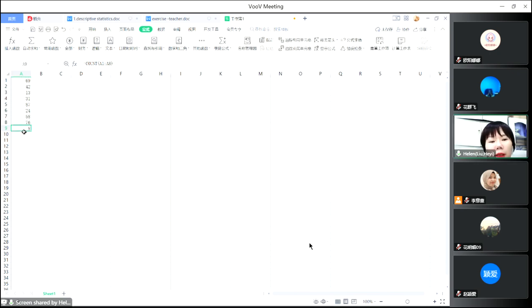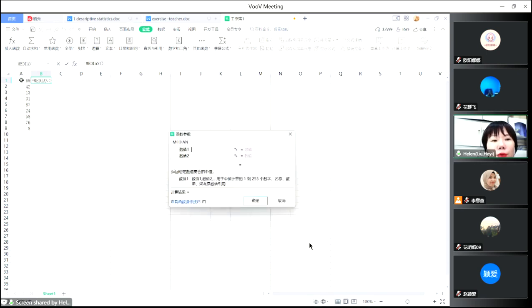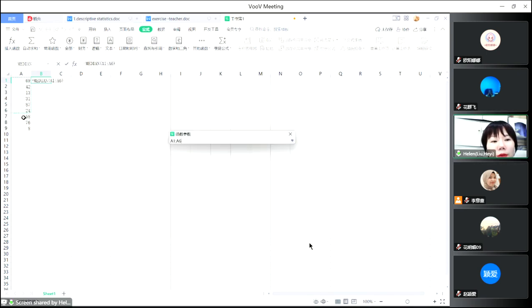So we know here is 8. This is also calculated by a formula, but this was set by Excel. And if we want to calculate the median, we can also use a formula. We use an equal sign and use median. Then we choose the numbers we want.